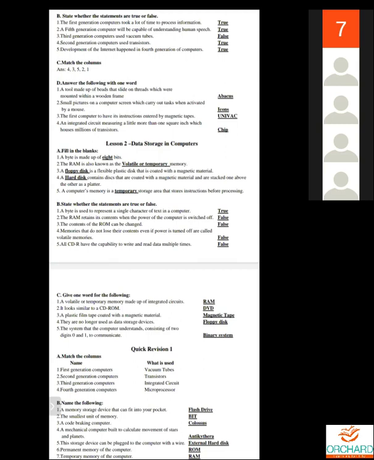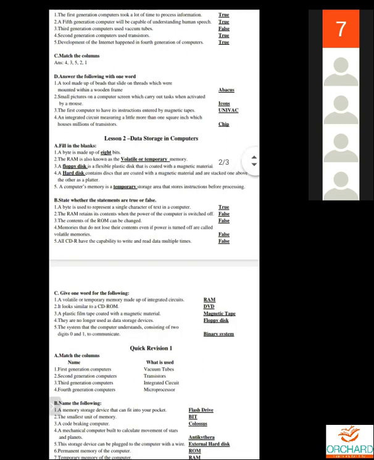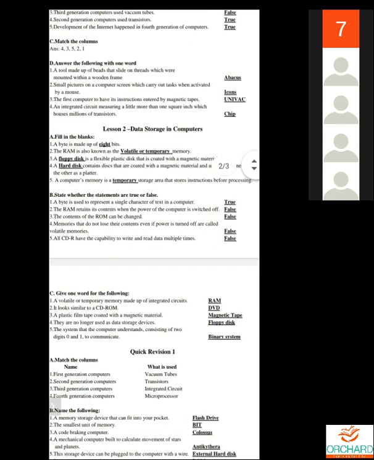Okay. Second one, the RAM is also known as the volatile or temporary memory. See, RAM stands for random access memory. It is called volatile or temporary memory. Why is it called volatile or temporary memory?